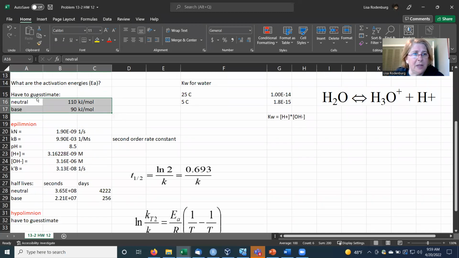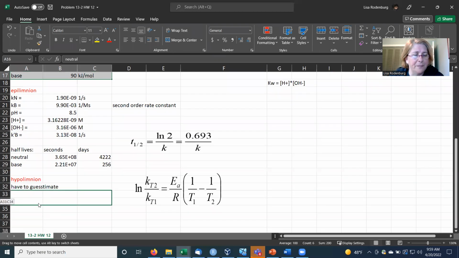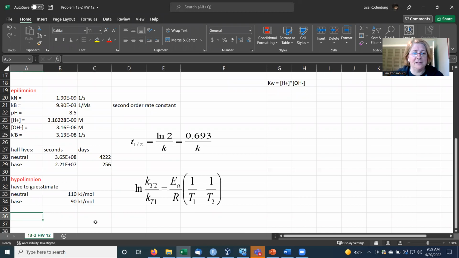Okay, let's move them down here so that we have them right where we need them. Okay. So that means that my K neutral at T2 is what I need to calculate here. So let's see. ln of K2 over K1 is equal to the activation energy. Oh, and let's put R here.